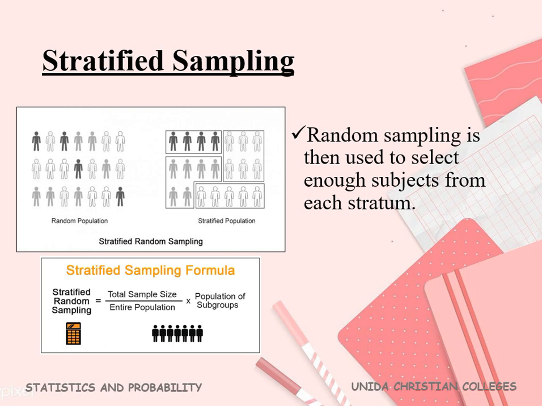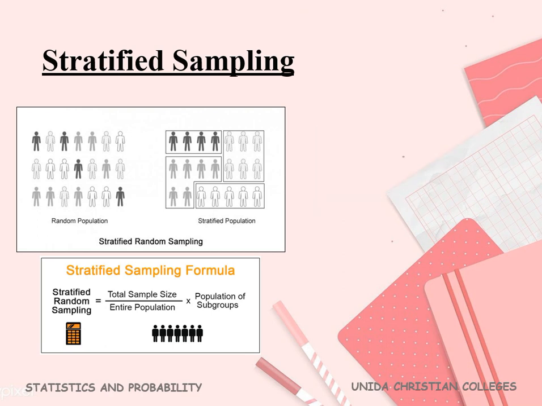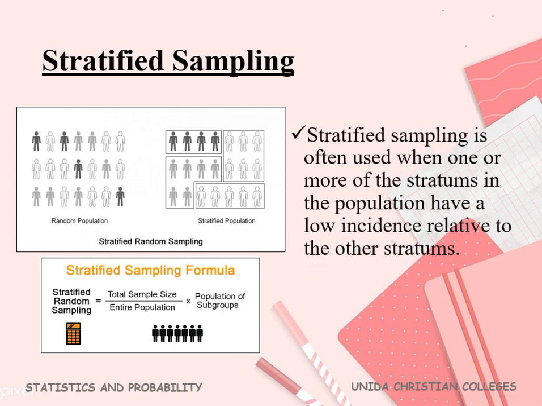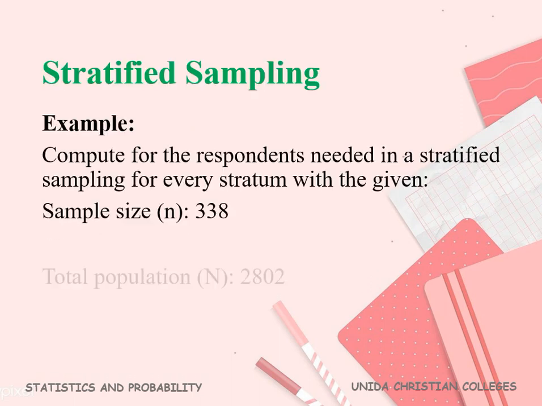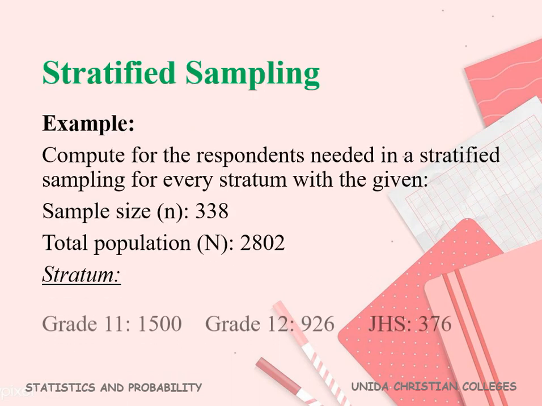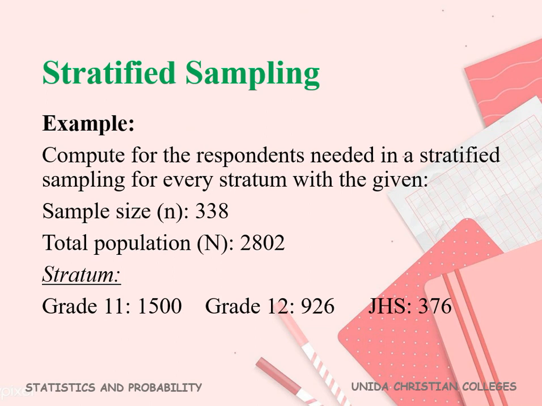It is used to select enough subjects from each stratum. So each stratum meaning each subgroups po. Ayan. Often used when one or more of the stratums in the population have a low incidence relative to the other stratums. So let's have this example. So we need to compute for the respondents needed in a stratified sampling for every stratum with a given.